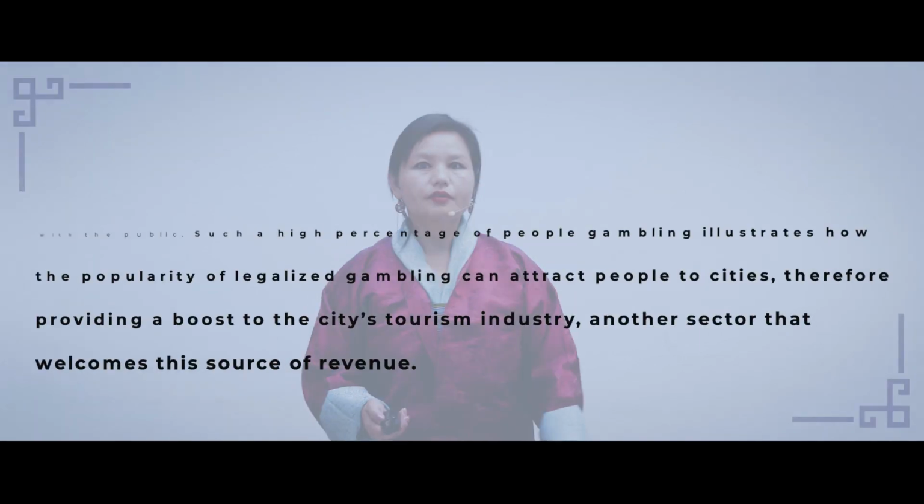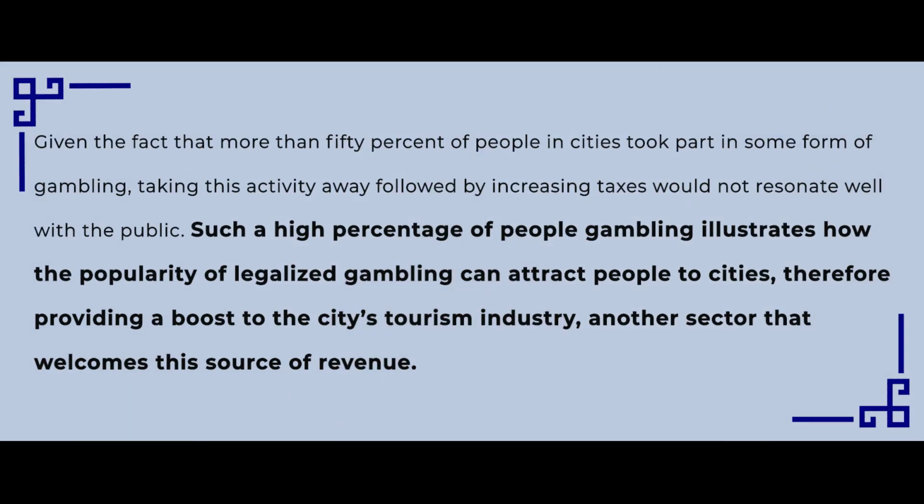And again, here I have a paragraph which brings out the example of how ideas are being linked. Such a high percentage of people gambling illustrates how the popularity of legalized gambling can attract people to cities, therefore providing a boost to the city's tourism industry, another sector that welcomes this source of revenue.